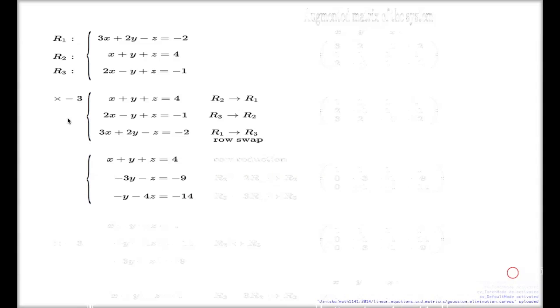So this stage is the row reduction stage. If you would like to record this for the benefit of your exposition, this is called the row reduction or equation reduction. Here's a recording of what happened.